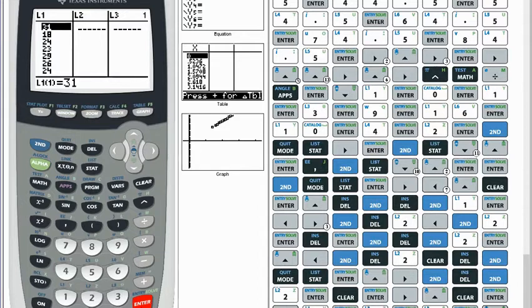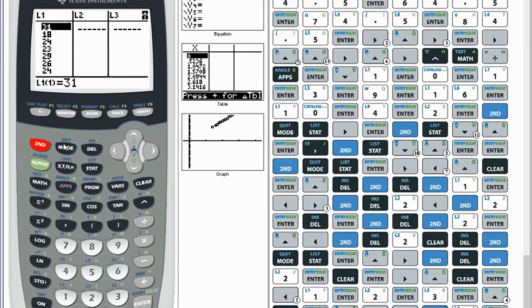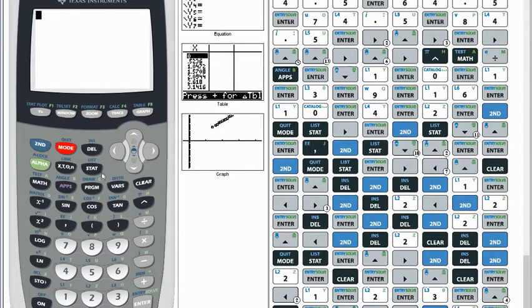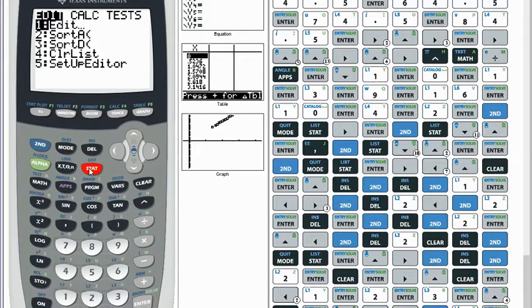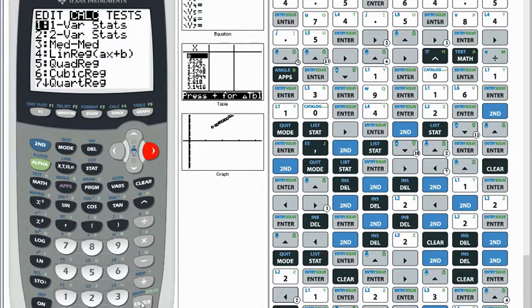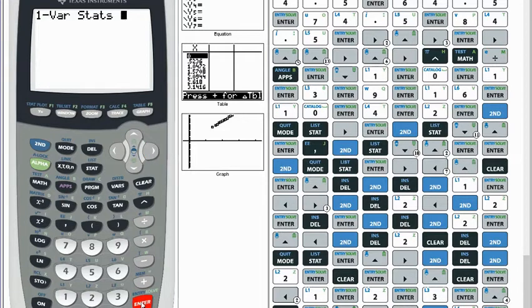And then it says determine the summary statistics. To do that, I'm going to quit to get out of this, and I will hit stat, calc, and one of our stats. This calculator has the old software package, so I have to enter what I want it to do this with, and I want it to use the L1 list.